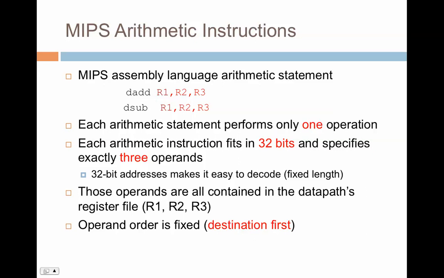By fixing the number of bits in an instruction, we can make the decode aspect of the problem easier. If you look at x86, which is what Intel uses, the size of the instruction can vary between 2 bytes to around 8 bytes.